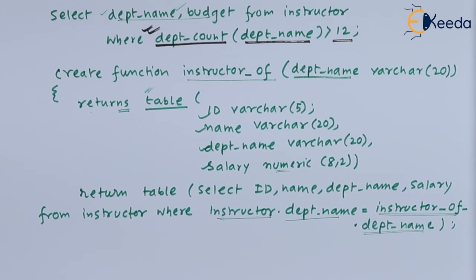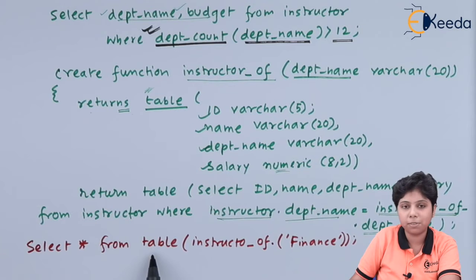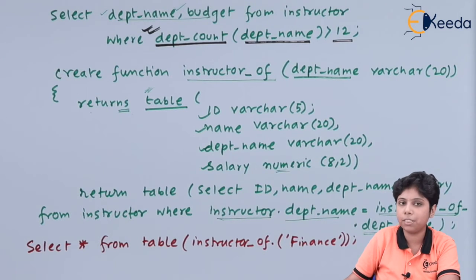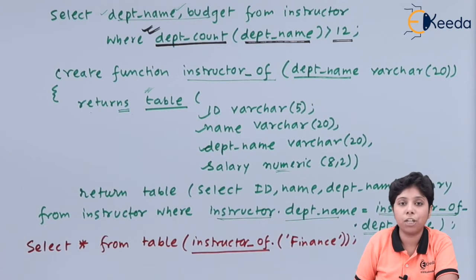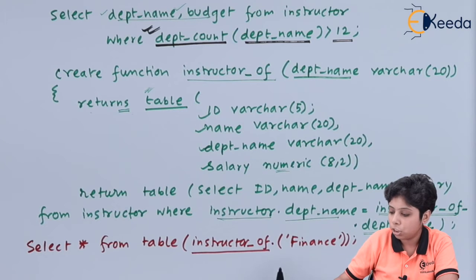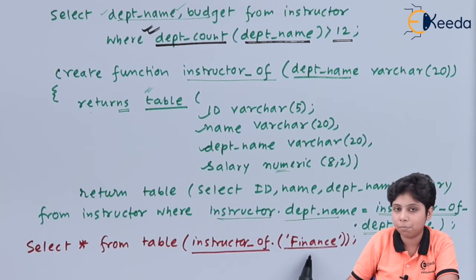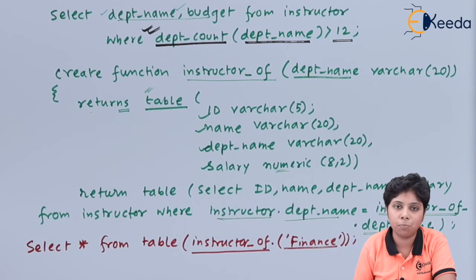Now I can put an SQL query to use this function to fetch the result of a particular department. See here, I am using select star from table, that is the instructor_of finance department. I have used the function name instructor_of with the department name finance here, so that I can get all the instructors of the finance department and the values of the tuples against that particular predicate.